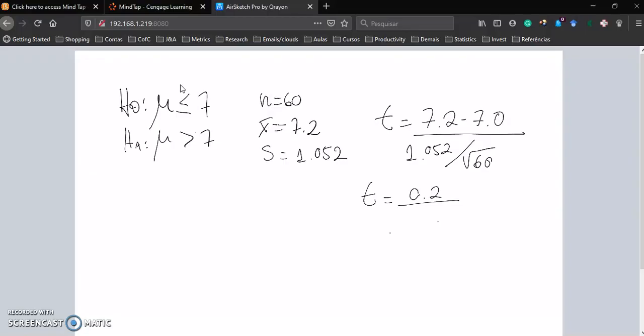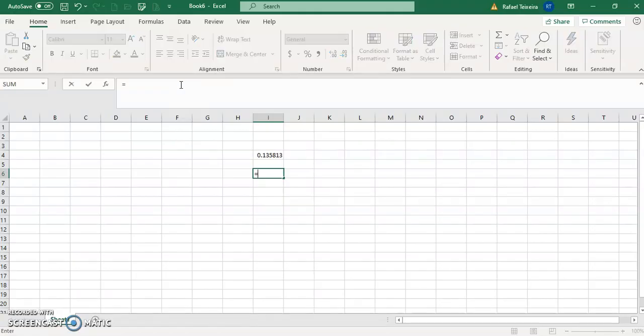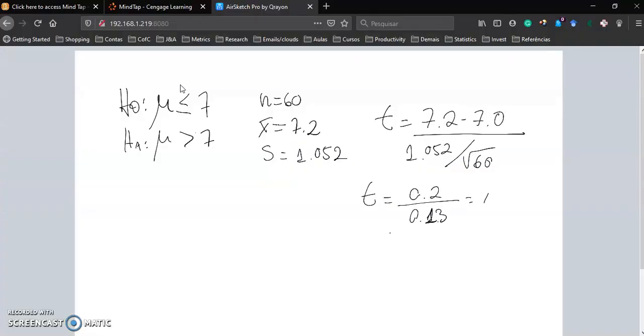That's 0.13. So it's 0.2 divided by 0.13. So the t-score is equal to 0.2 divided by 0.13, so the t-score is 1.47.